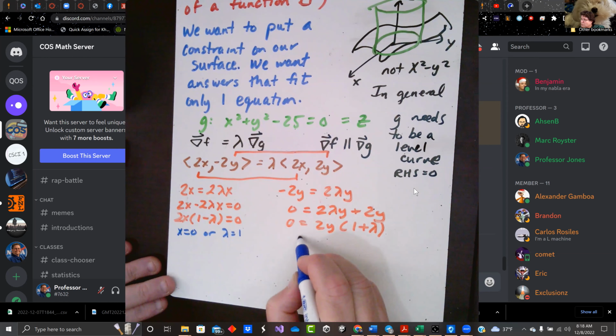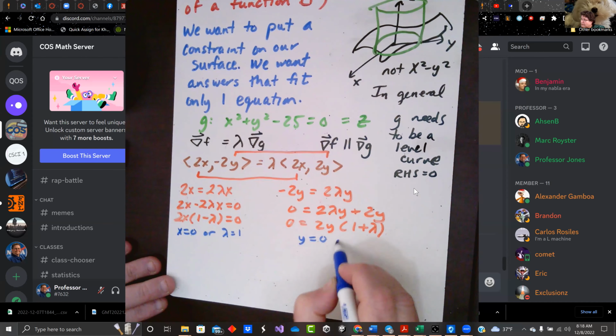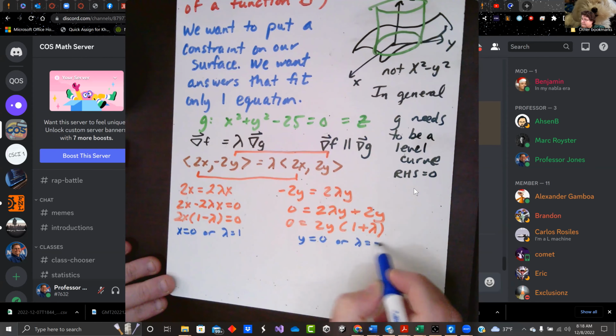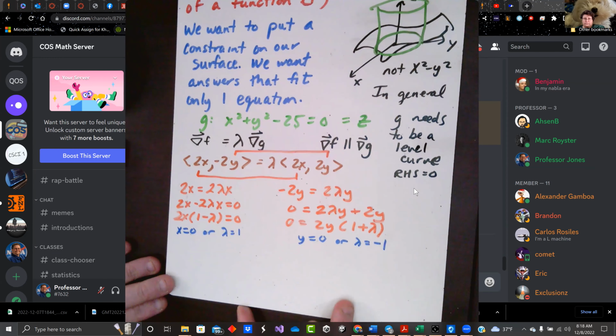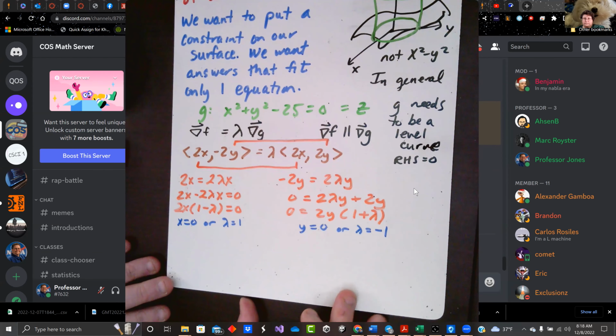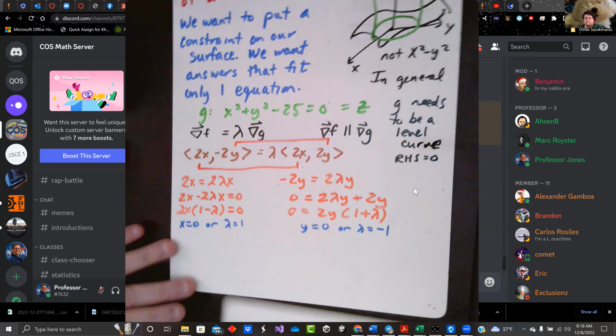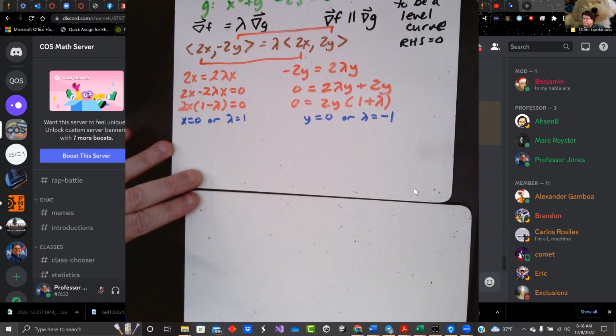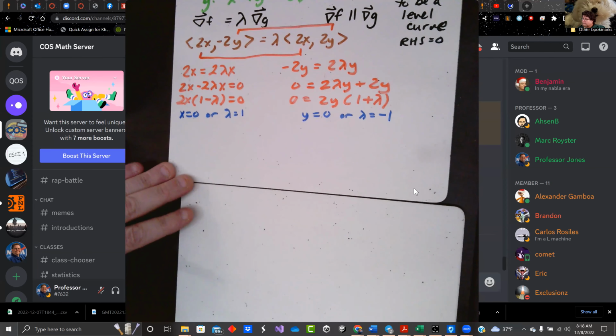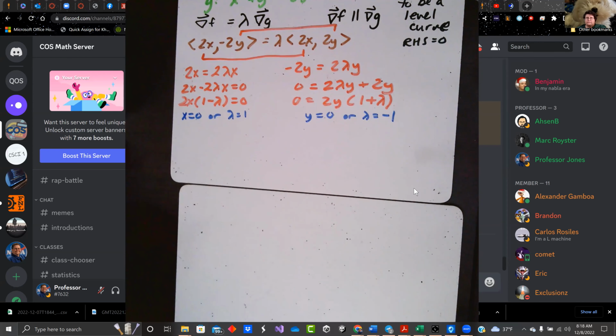And this one over here is y equals 0 or lambda equals negative 1.